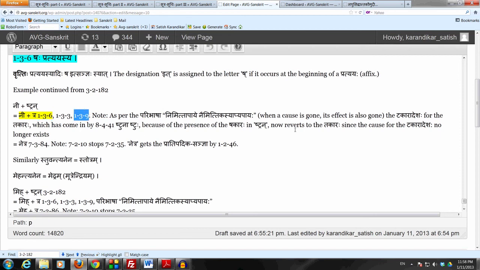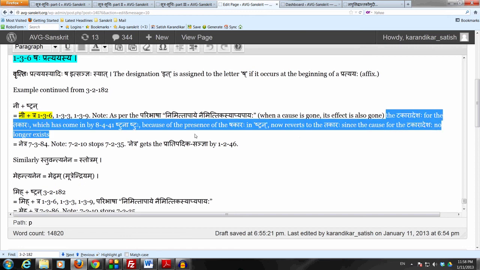So what happens is that we take into account the paribhasha nimittāpāye naimittikasyāpāyaḥ. So when the cause is gone, the effect is also gone, which makes perfect sense. So when the cause, in this case the murdhanya shakaraḥ, takes lopaḥ by tasya lopaḥ, then the effect, which is the shtutvam, the ṭakara adesha in place of the takaraḥ, also goes away. So we revert back to the takaraḥ and we get ni tra.